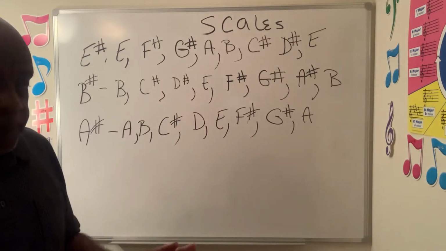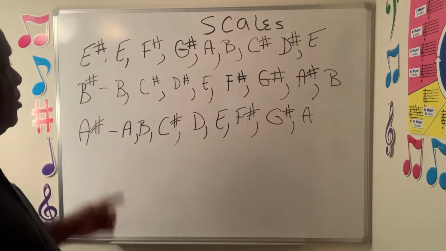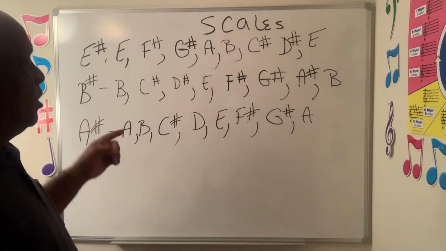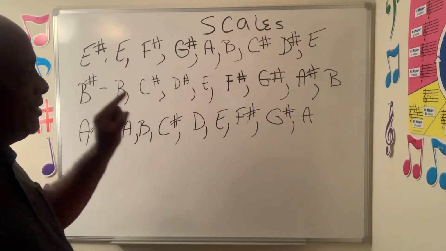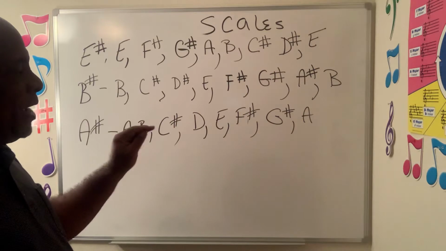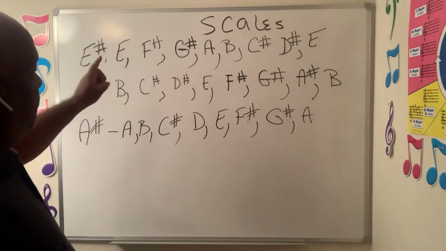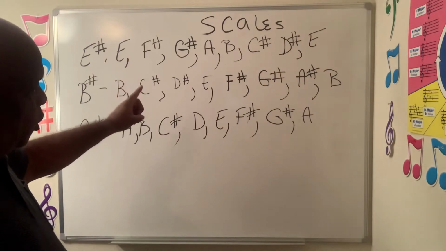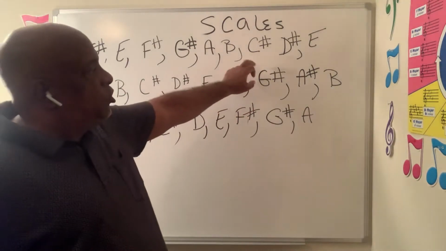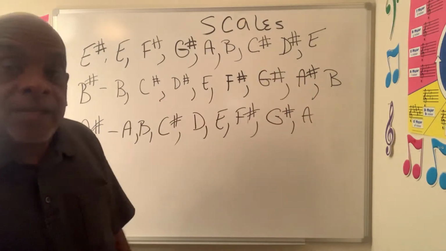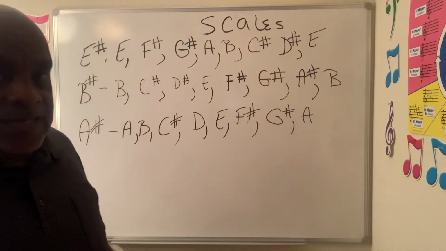So the E sharp major scale is going to be E, F sharp, G sharp, A, B, C sharp, D sharp, and E. Okay, one more time. E, F sharp, G sharp, A, B, C sharp, D sharp, and then E sharp. Now that's the E sharp major scale.